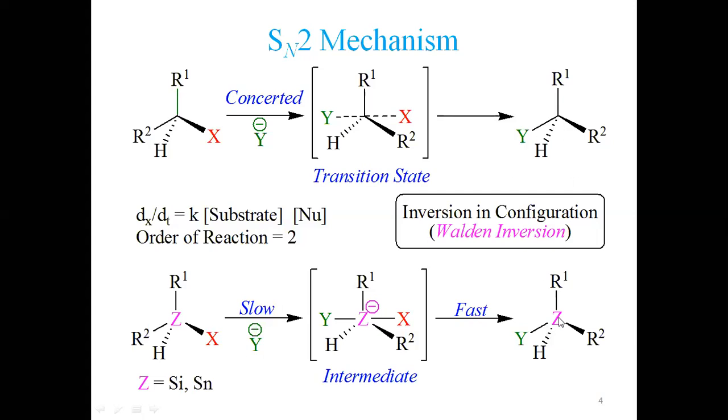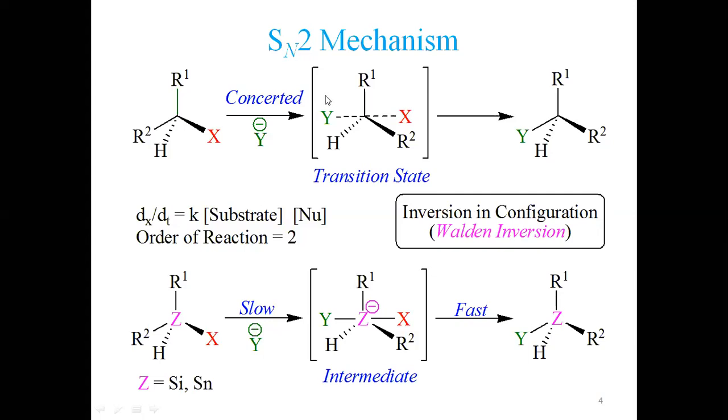And similarly, if you look at the polarimetric or stereochemical data, that is also the same. Both give the same type of product, involving inversion in configuration. So stereochemically it is the same product, and kinetically it is the same, with only one difference.